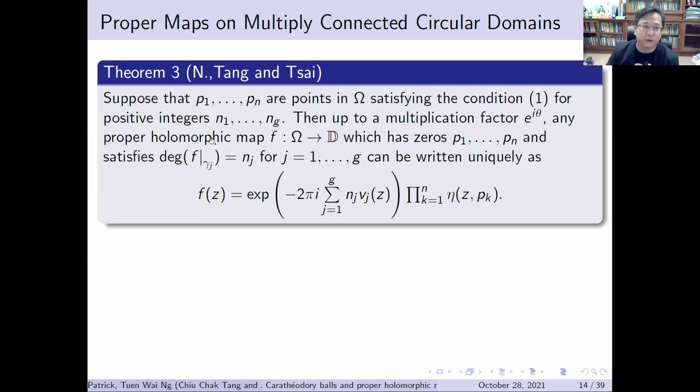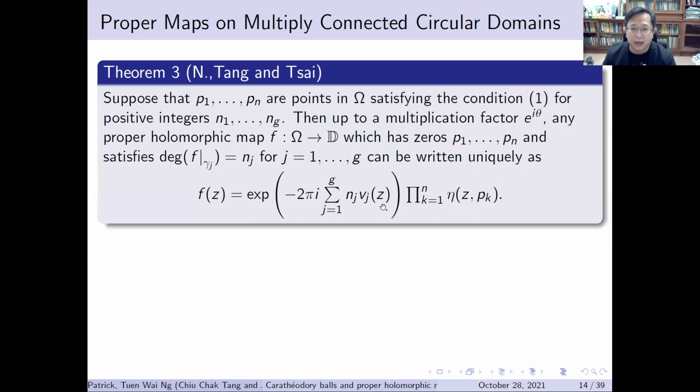The characterization for proper holomorphic maps from omega to D will be given by this formula here. Any such proper map can be expressed as an exponential factor here, together with a finite product of some maps that I'm going to define. Now this Ni would be the boundary degree of f.